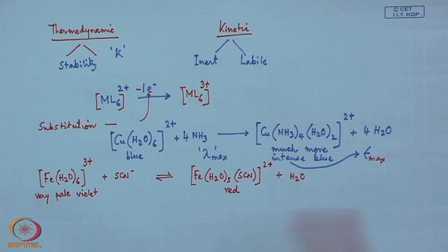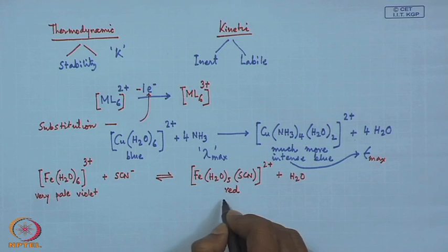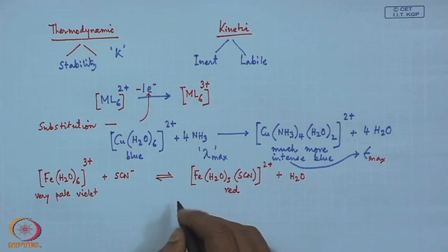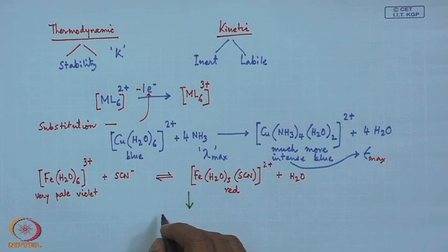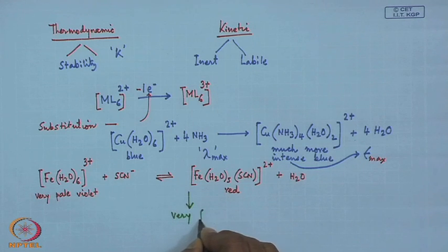If we get attachment of only one such thiocyanate group to the iron site, that gives us the corresponding reaction, and this red color formation is very fast, and we get this sort of reaction or the previous reactions. These are very fast reactions.